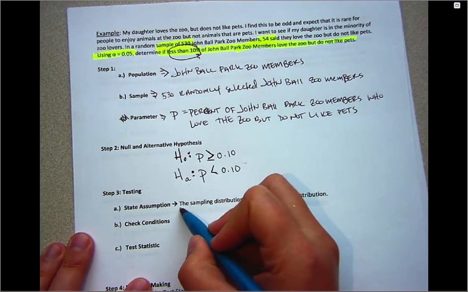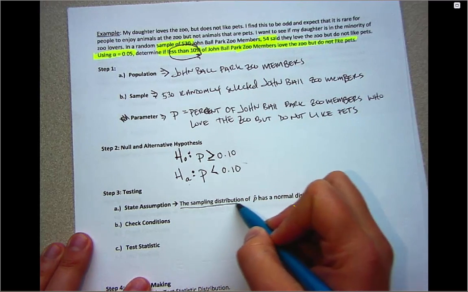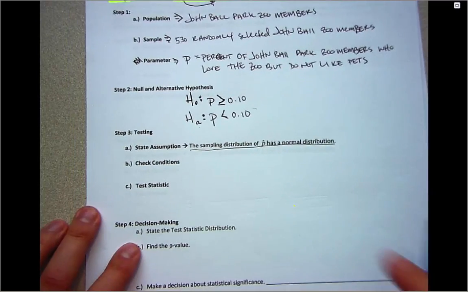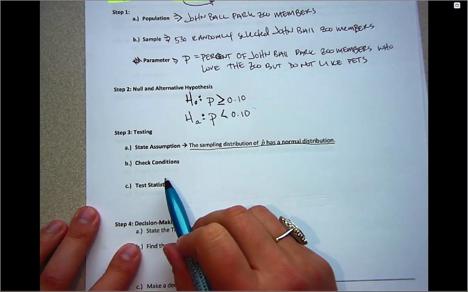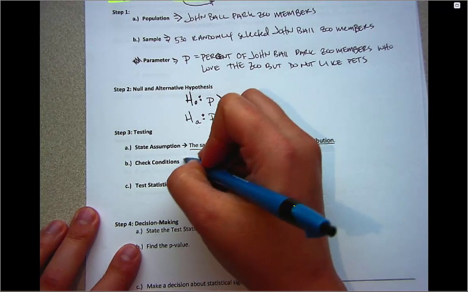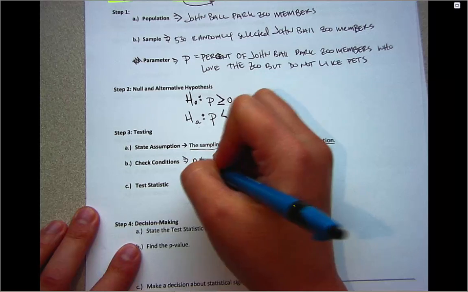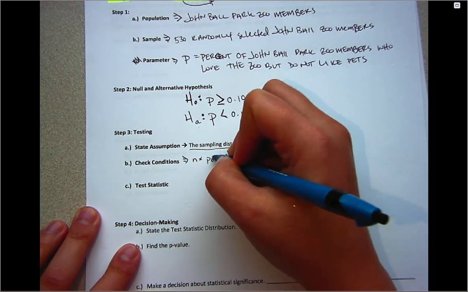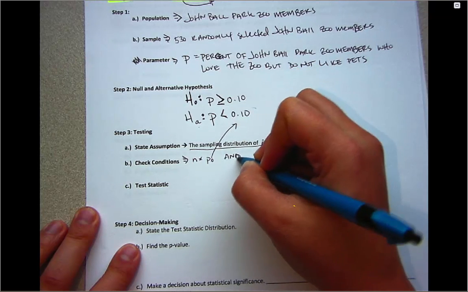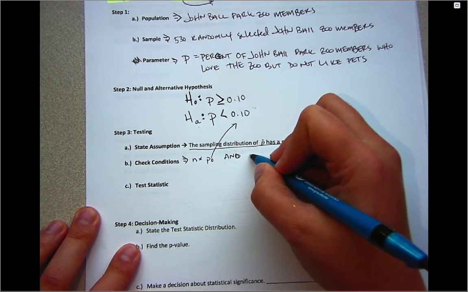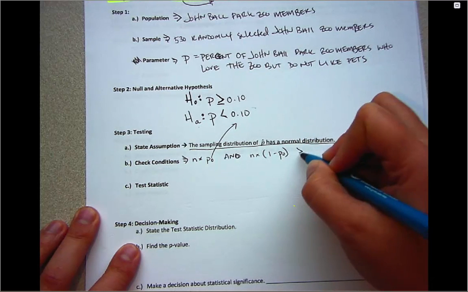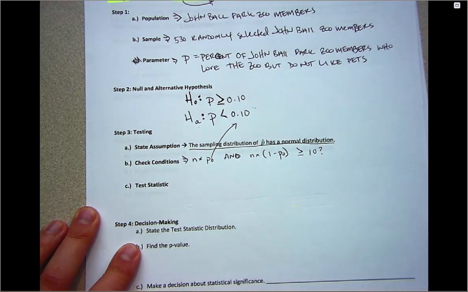And then we always will assume that the sampling distribution of p hat is the normal distribution, but we have to verify that by doing what's called checking conditions. And remember, to do that, both n times p sub 0, which remember p sub 0 is the notation for the null value, and n times 1 minus p sub 0, both have to be greater than or equal to 10.